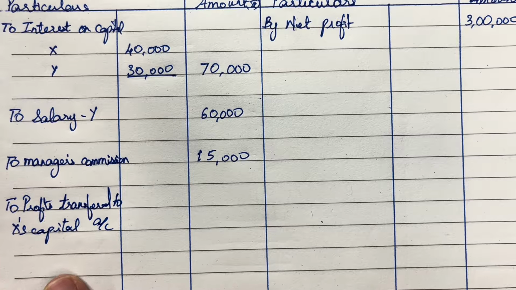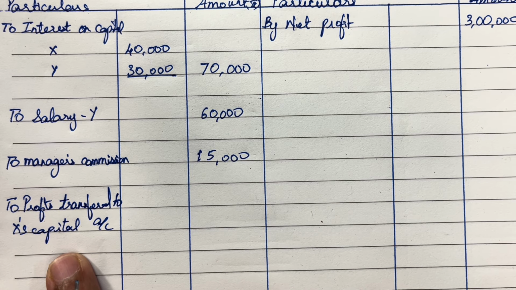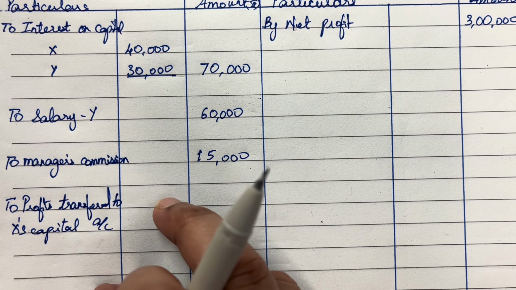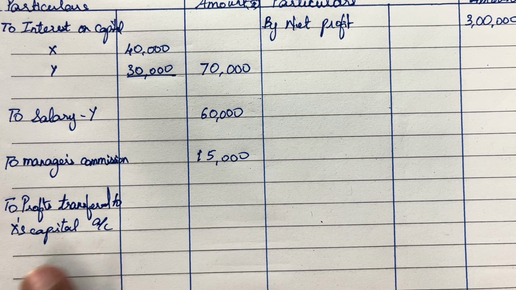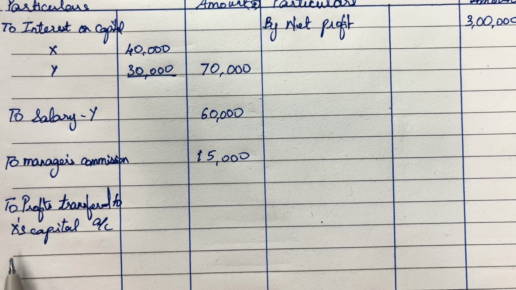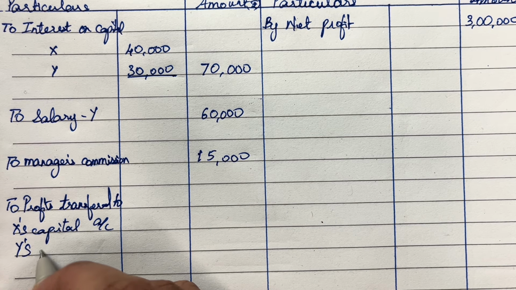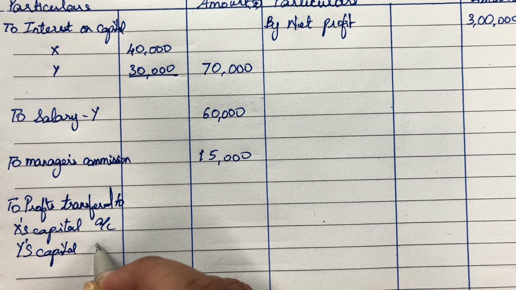Since the sum does not say that the capital is fixed, we use the capital account for the profits. In case it is mentioned in the sum that the capitals of the partners are fixed, in that case the profits will be transferred to the current accounts of the partners. X capital and Y's capital account.